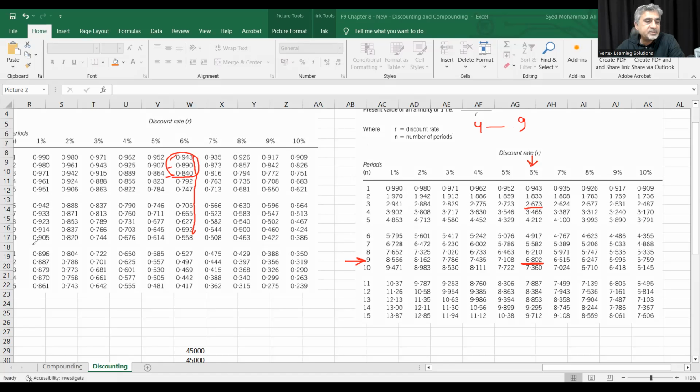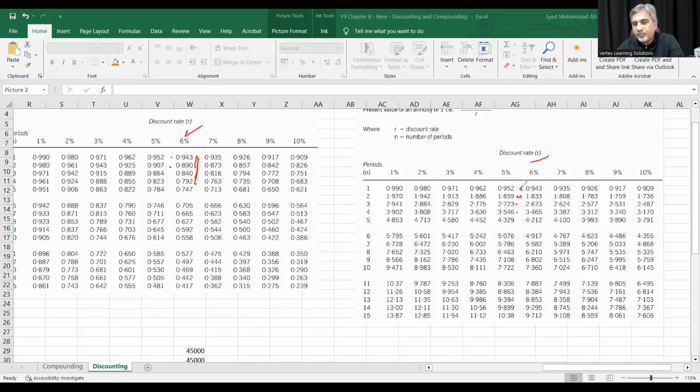You see that it is here for 6%, for the first year, it is 0.943. It is the same. But then in the second year, it is 0.890, and this is 1.833, because the total of these 2 will come here. Then a total of these 3 will come here. Then a total of these 4 will come here.